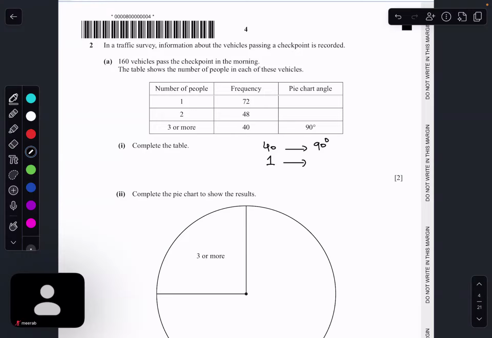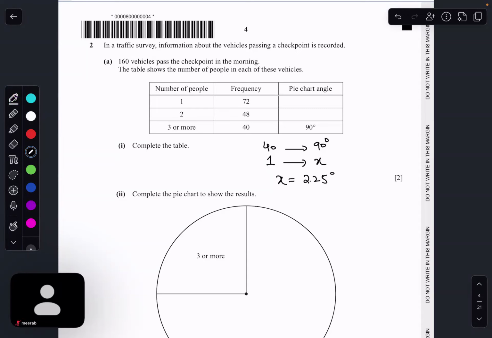Let's say this is x. x will be 90 by 40. So do you have 90 by 40? 2.25. Now I can figure out the rest of the angles of the pie chart by multiplying 2.25 with this.